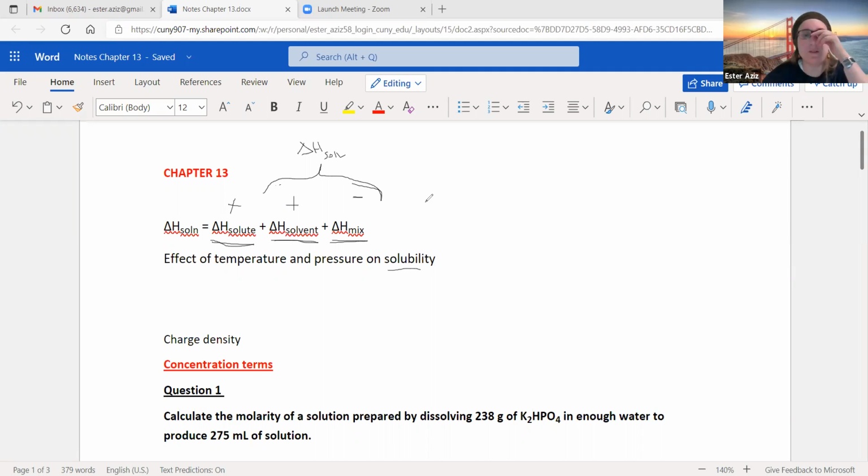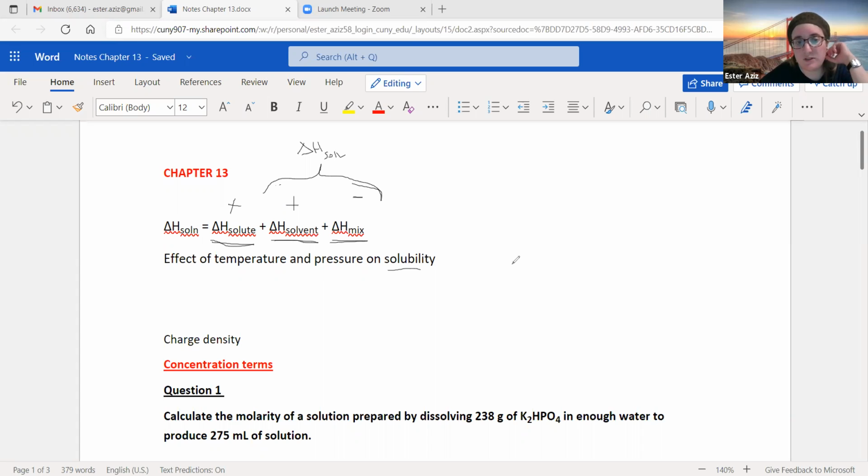So now let's talk about how temperature affects solubility. When we talk about the solubility of a solid into a liquid, let's say the solubility of a salt in water, a salt like NaCl, for example, or even a non-salt, like a molecule of sugar.